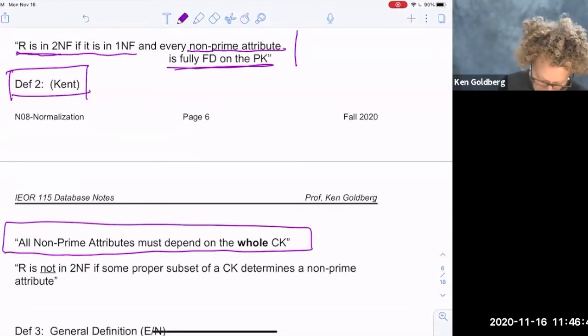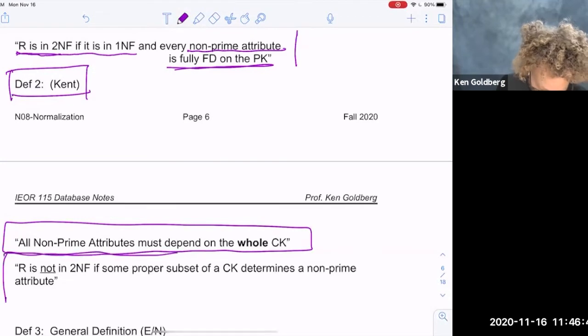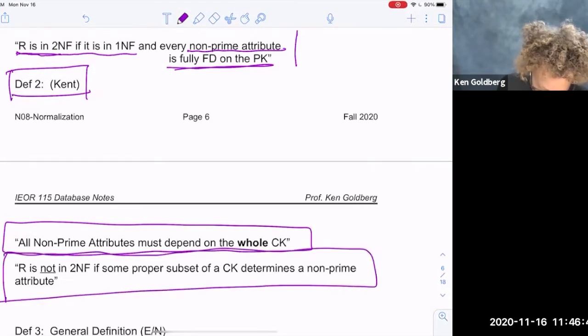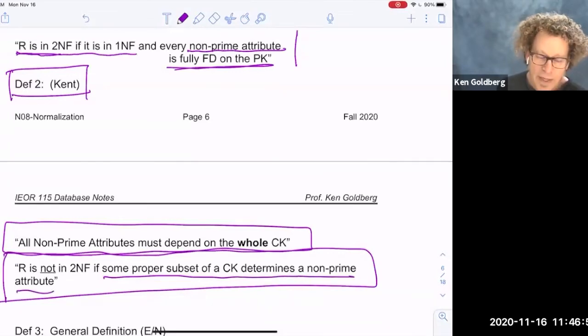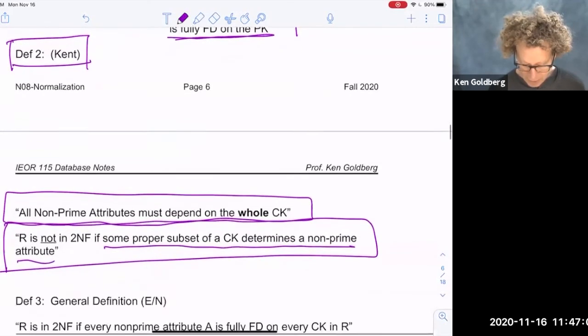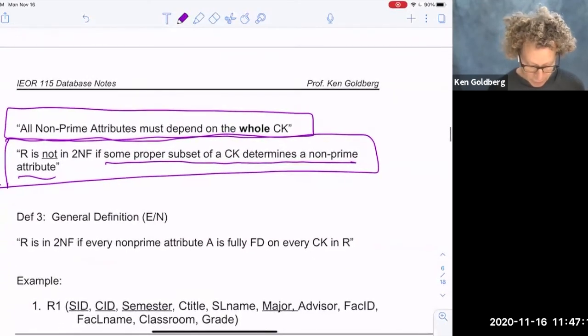A way of saying that is that R is not in second normal form if some proper subset of a candidate key determines a non-prime attribute. To me that's much more intuitive. If I want to check, I just look for whether there is a subset of the candidate key that determines one of the non-prime attributes. If there is, then it's not in second normal form.